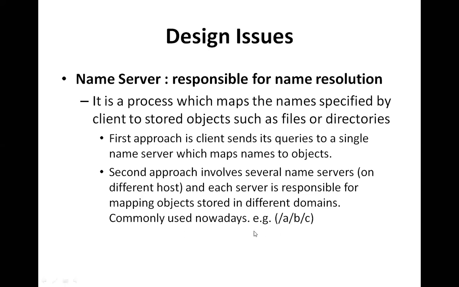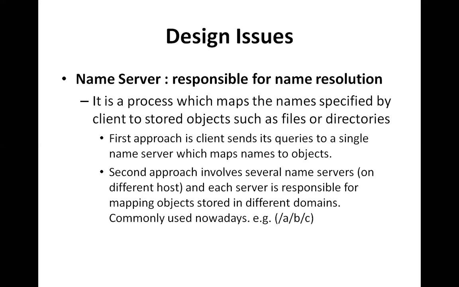And whenever a name given by the client is to be mapped to an object, the local name server, which is maintaining a table in the kernel, is queried first. This local name server is going to point to the remote name server for further mapping of the name.